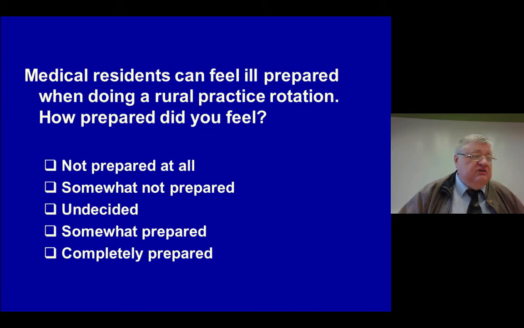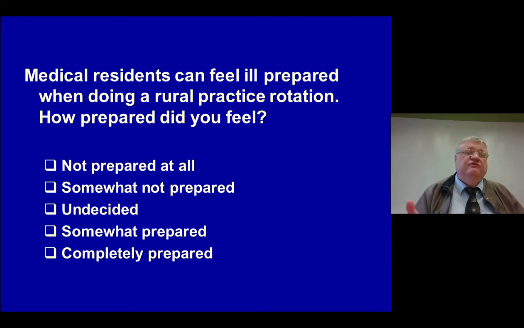Let's look at another one. Let's say you're doing a survey of your fellow medical residents, and you want to look at their preparedness when you're doing your rotations. So you ask this question: medical residents can feel ill-prepared when doing a rural practice rotation. How prepared did you feel? Not prepared at all to completely prepared. What's wrong with this question?